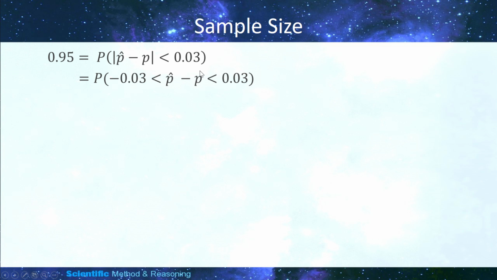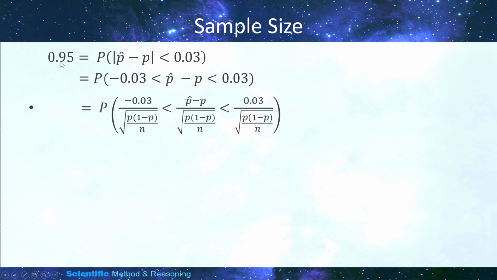For example, we would like to estimate the population proportion using the sample proportion with a maximum error of 0.03, with a high probability content, say 0.95. Then we can write it in this form: the probability that p hat minus p would fall between minus 0.03 and 0.03 is 0.95. Then we use the z transformation and divide all the entries by the square root of the variance of p hat, which is given by p times 1 minus p over n, to all three entries.